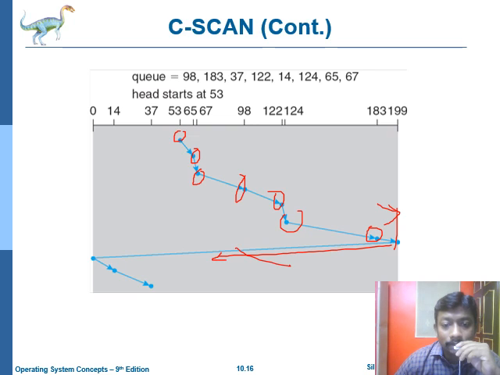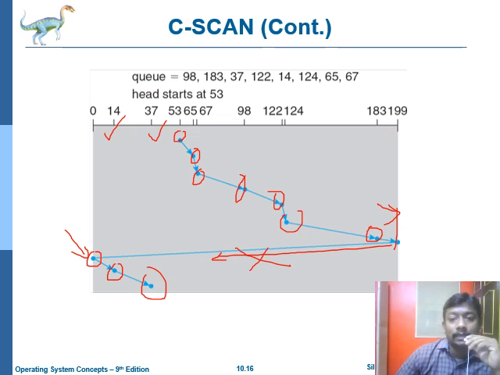It will not search any sector while returning towards the initial point of the disk. It will not service any input output request during the reversing process. And from the start of the disk, it will again service the input output requests for the 14th sector and then the final 37th sector.